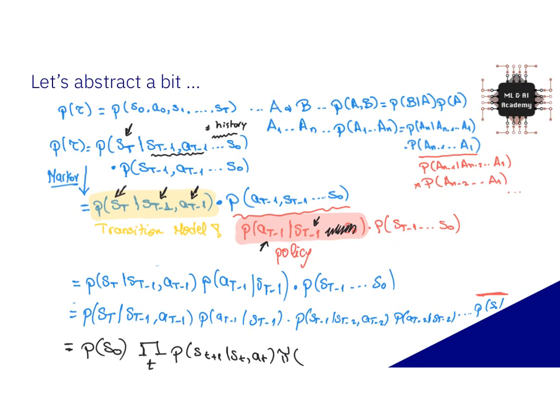It's just the notation we used. You can write this as p of actions, but a_t given s_t. So now we were able to factorize the p of tau into this equation.